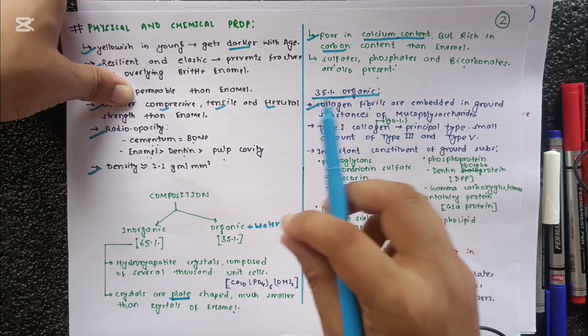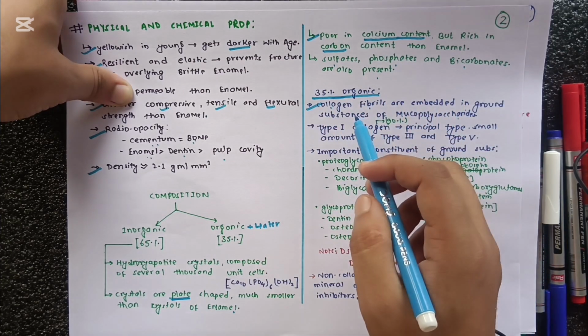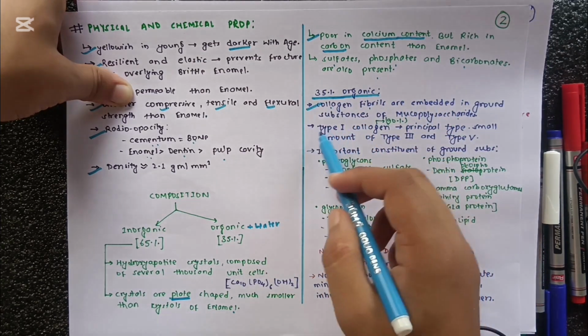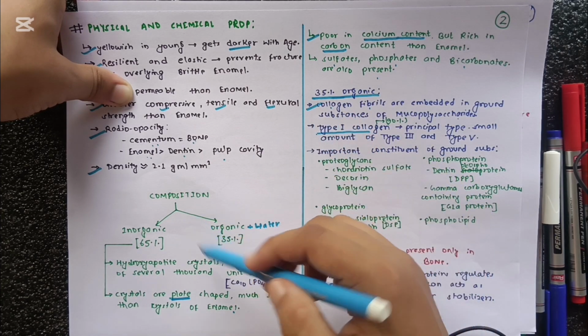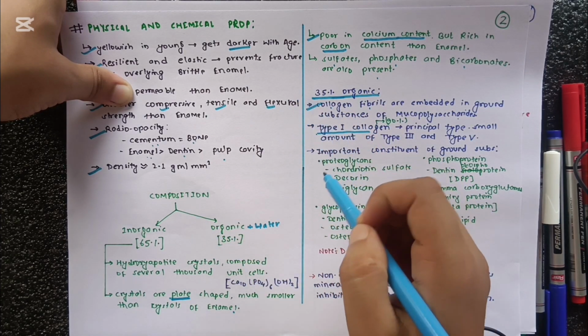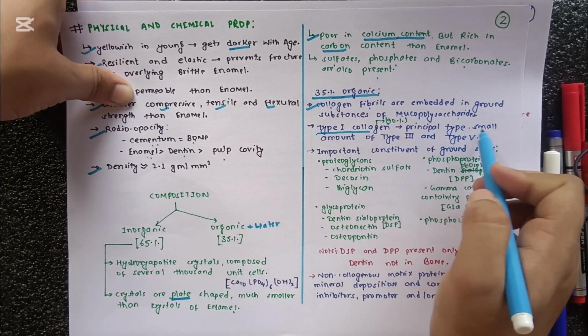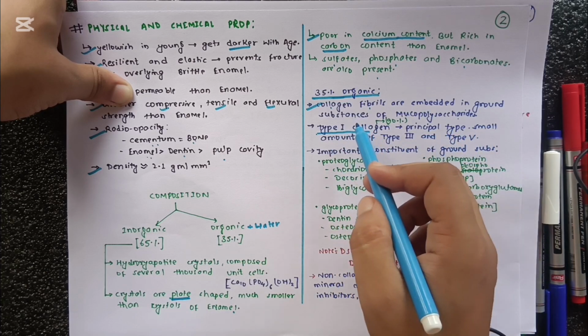Which collagen is present? Type 1 collagen is present in the organic portion of the dentin, the principal type of collagen in this dentin.